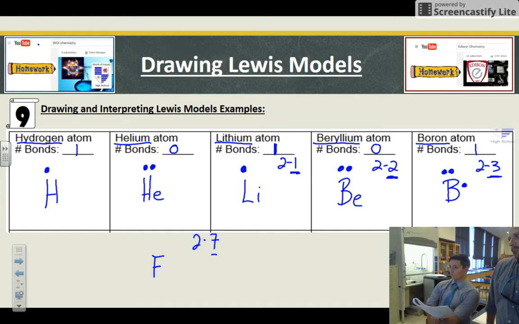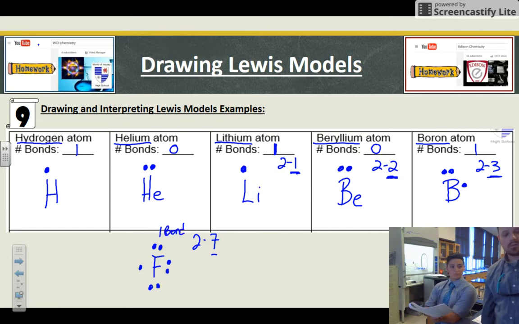The rule says first 2 together, then 1 at a time around the bus. It would form one chemical bond because it has one unpaired electron. This one right there is not paired. I wanted to give you one where we actually had to go around the bus.